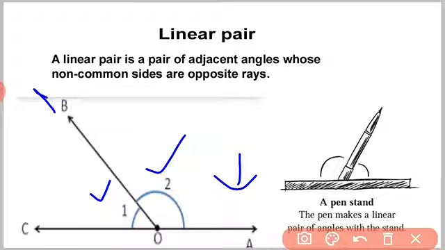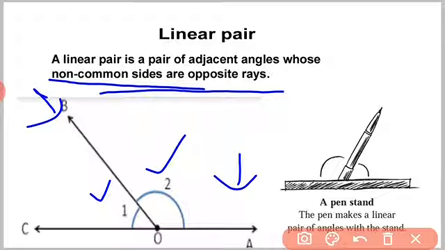But whenever we get a straight line when these two adjacent angles are formed, then these are called a linear pair. So a linear pair is a pair of adjacent angles whose non-common sides are opposite rays, and these form a line. So they are called a linear pair.